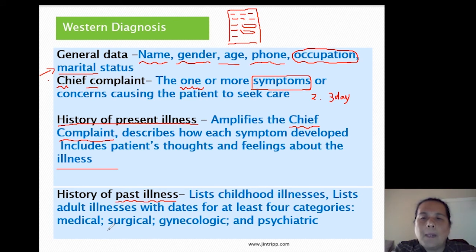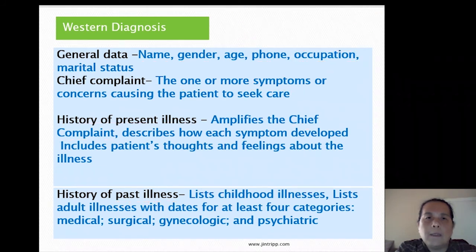For example, the patient had some surgery before, or took medication before, like high blood pressure for 20 years. But this time the patient comes with stomach pain. Nothing is directly related, so we put it under past illness.